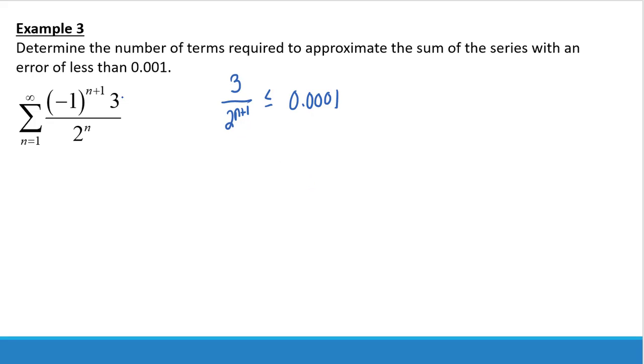I solved this inequality, so I multiplied by the 2 to the n plus 1, since I know that's always going to be positive, and I divide that 0.001 over to the other side and get 3,000 less than or equal to 2 to the n plus 1.